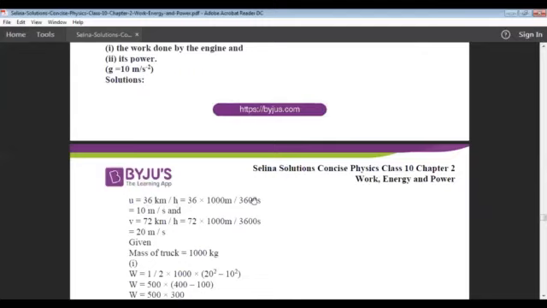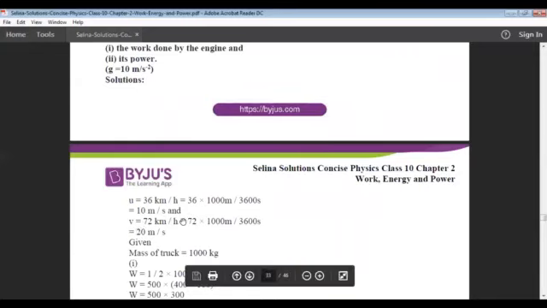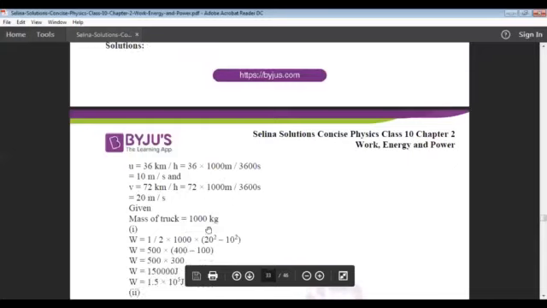We need to convert kilometer per hour into meter per second, so you multiply by 1000 by 3600. So the initial velocity will be 10 meter per second, and the final velocity converted will be 20 meter per second.